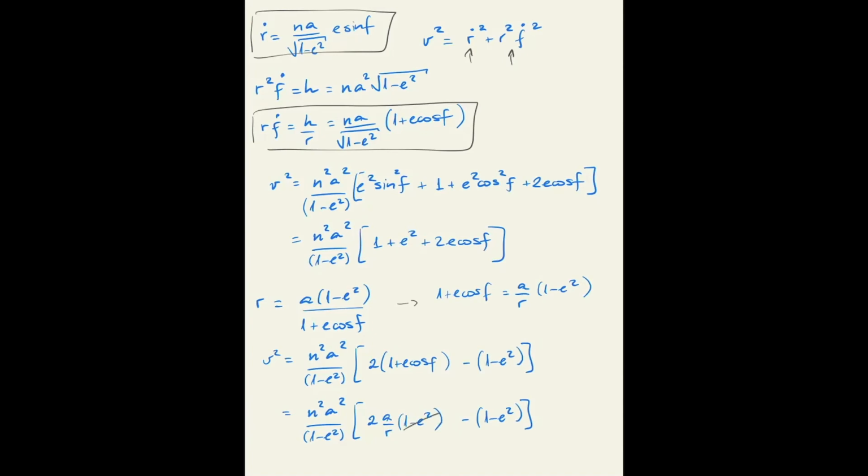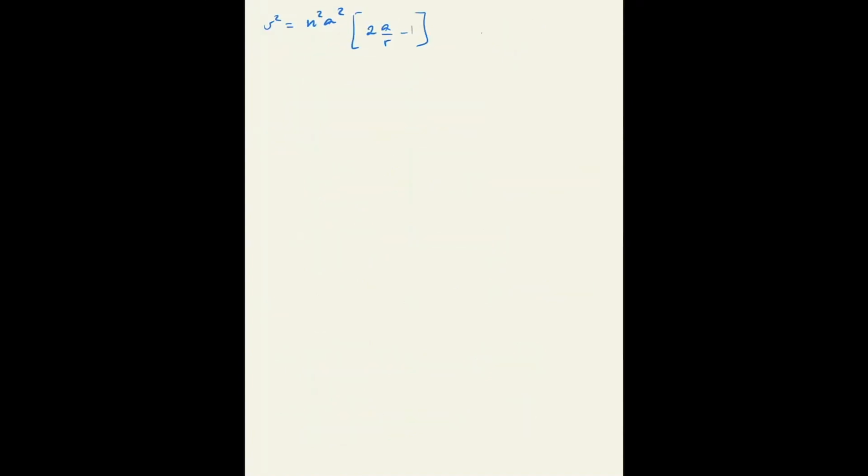And you have 1 minus e squared in the numerator and the denominator. You can cancel this. Now remember that mu is equal to the mean motion squared times the cube of the semi-major axis. So you can multiply and divide this by a, and therefore the velocity squared is mu times 2 over r minus 1 over a.